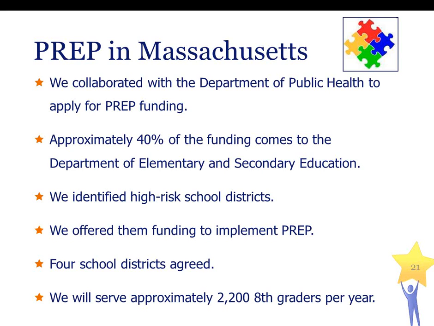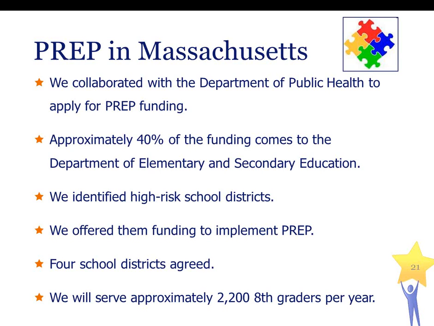And I'm sure it's no surprise to any of you that those were the same districts. The districts with the high STD rates and high teen birth rates were also the ones with poor school performance. And at the Department of Education end, we offered them funding to implement the PrEP.